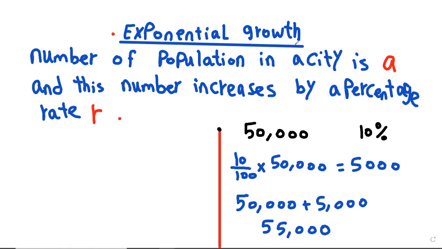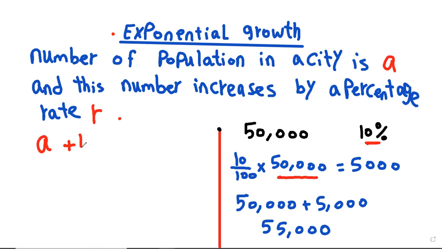So if you are talking about a variable A, this is the number of the population A. After 1 year, you will find the rate, this is R, is the 10%. So it's the rate multiplied by the total number, 50,000.